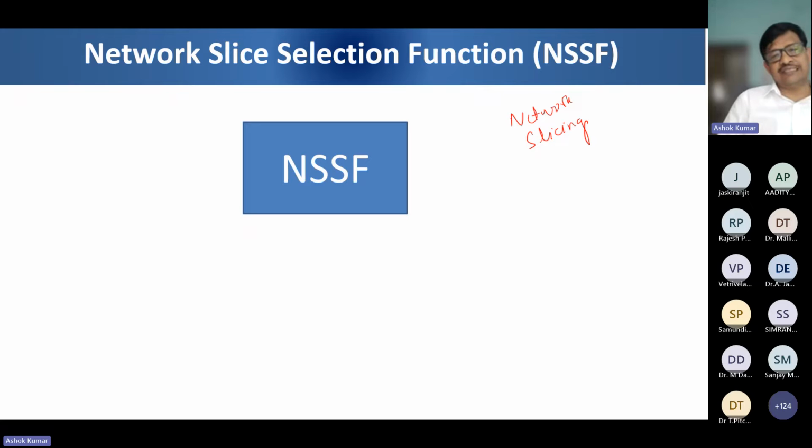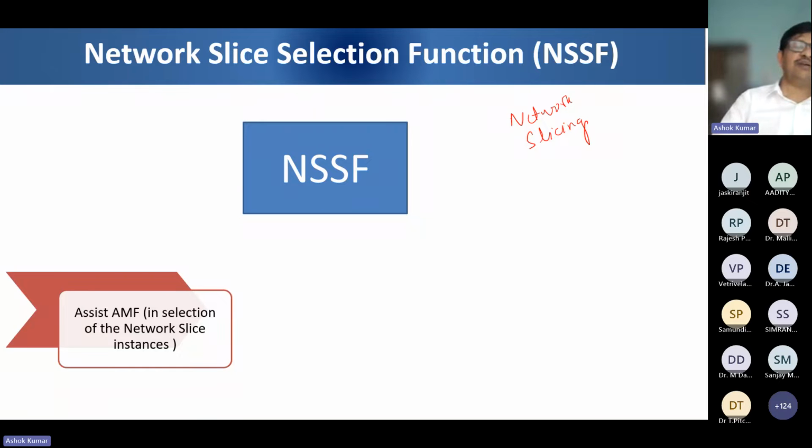As the name suggests, it is the Network Slice Selection Function. It normally assists AMF in selection of a particular network slice. If there are, suppose, 5 network slices in the network and the user is to be connected to one network slice, that information is gathered by AMF using the services of NSSF.